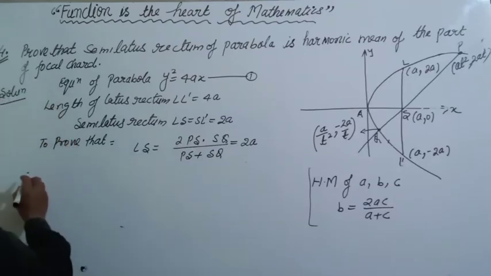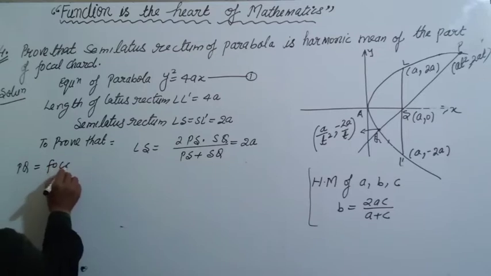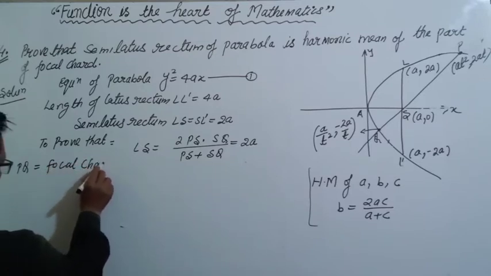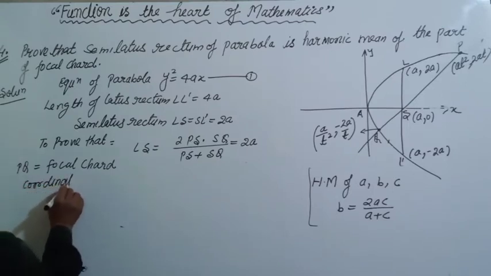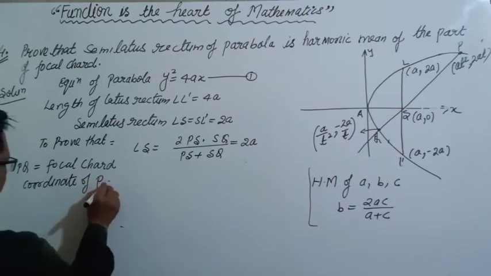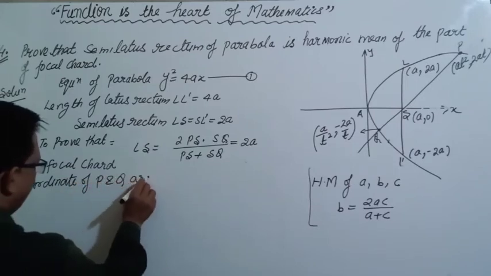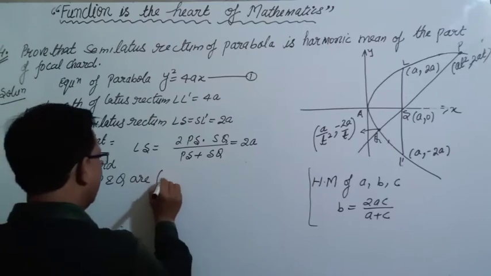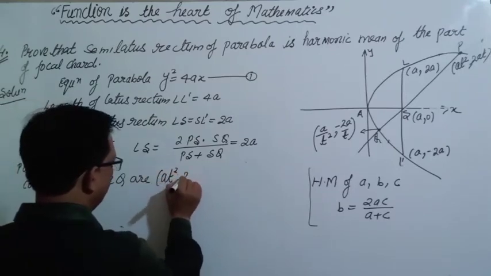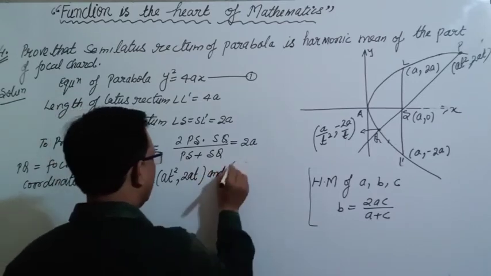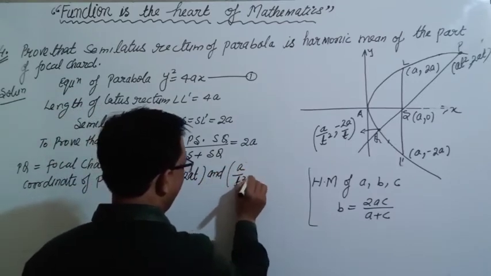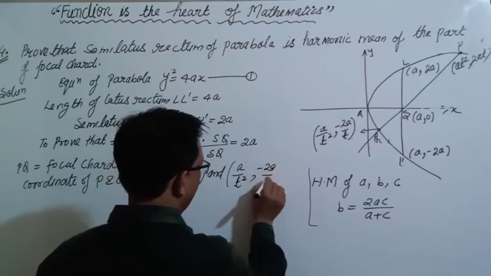First we write the statement: PQ is equal to the focal chord, and the coordinates of P and Q are at², 2at and a upon t², minus 2a upon t.